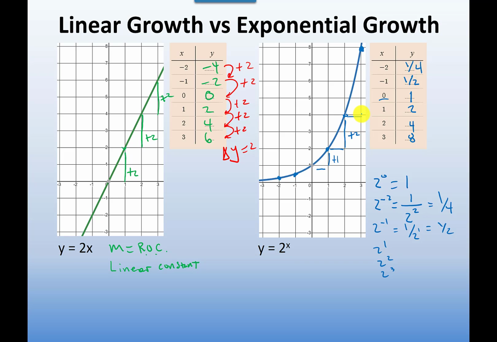When x moves 1, we're going to add 4. Okay, so the rate of change we can see is not constant. It went up 1, it went up 2, it went up 4. But there is a pattern here. Going over 1, up 1/2. And then I went up 1, then I went up 2, and then I went up 4.